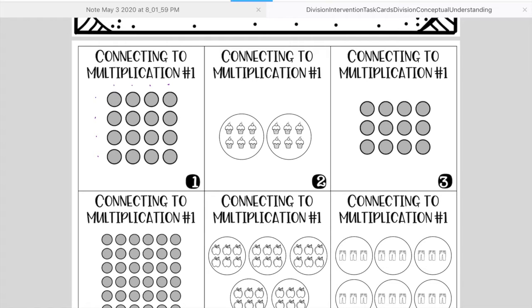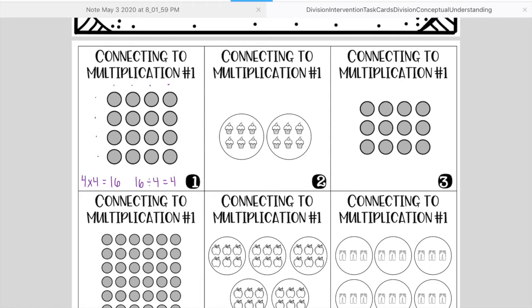I already know, we've been practicing this for so long, that 4 times 4 is equal to 16. That's what that array is showing me. Because multiplication is the inverse of division, I also know that 16, my set, can be divided into 4 groups of 4.